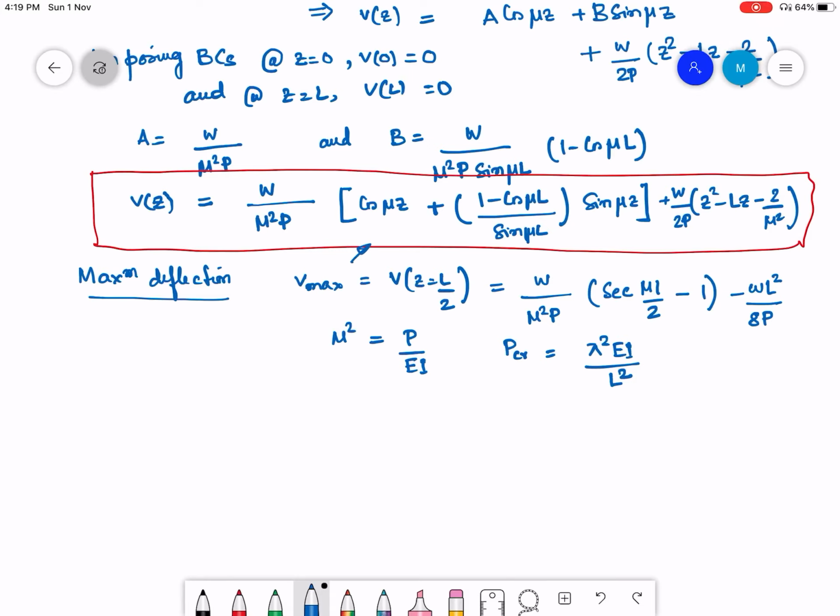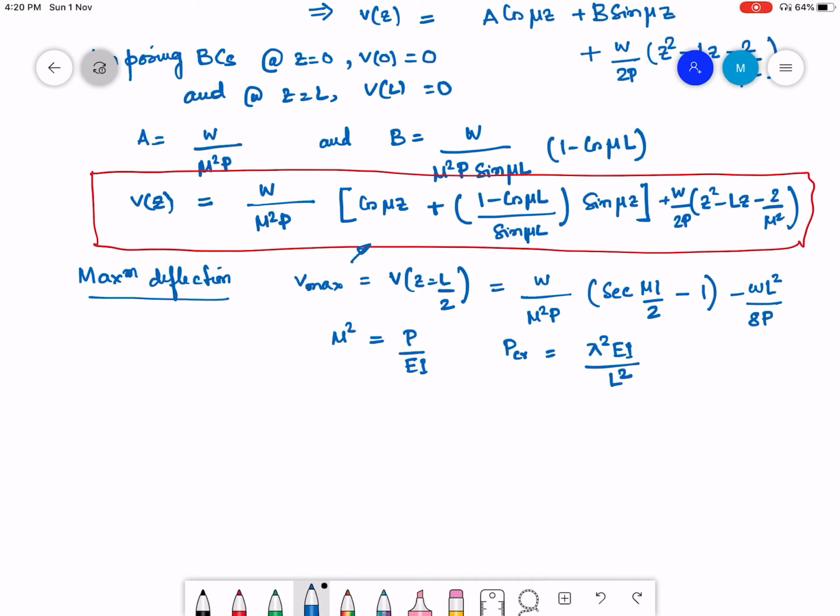If we substitute the value of mu square and the value of P critical, we can obtain the expression for V max in terms of the P critical value. So we can always do that and find out the V max in terms of P critical.